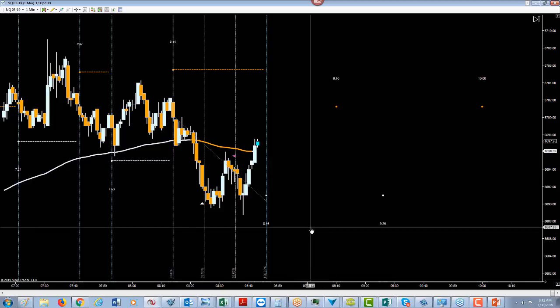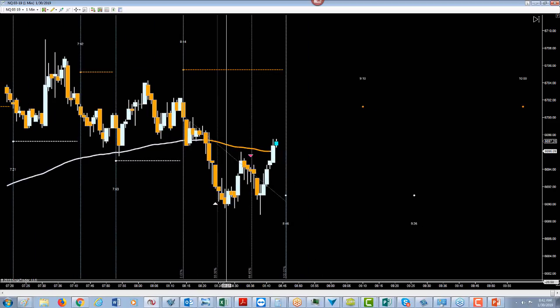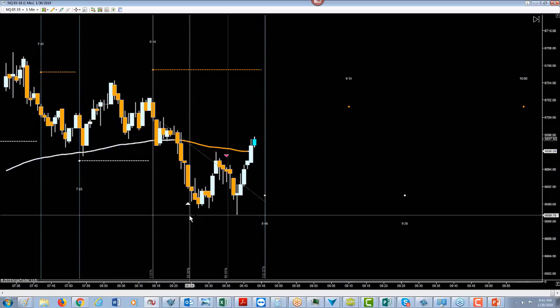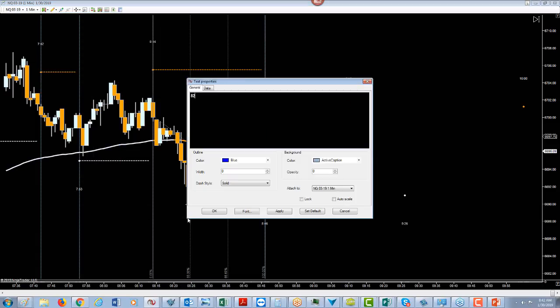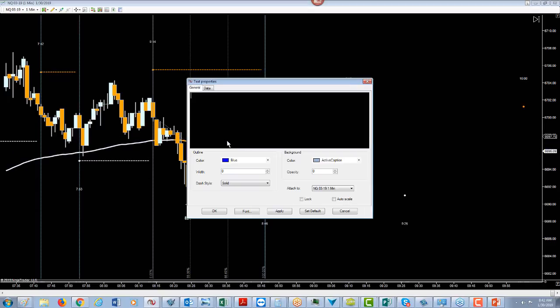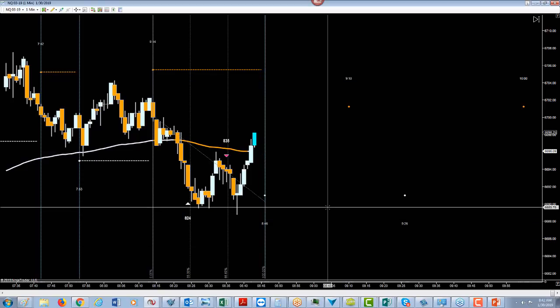So the last 2 intermediate cycles are what I call the splits. The first split occurred at 8:24, and the second split occurred at 8:35. We mark those just as a reference point.